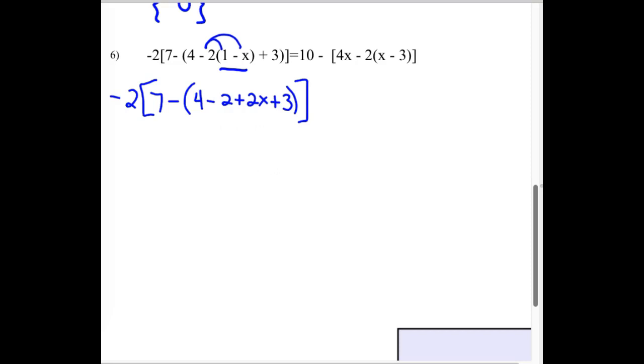Do I have some like terms that I could simplify inside first? I'm looking at this section right here. Yes? Let's get that simplified. What do we get? 4 minus 2 would be 2, plus the 3 would be 5. So we end up with 2x plus 5.